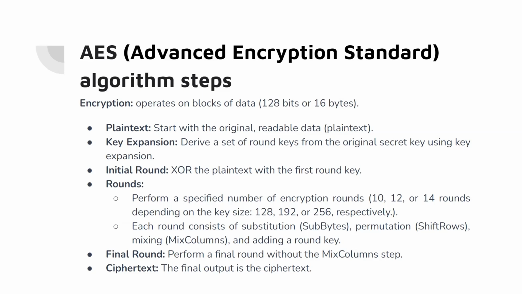After having our plain text, we have to have a secret key that can be generated randomly, and this key would be used for both the encryption process and the decryption process.